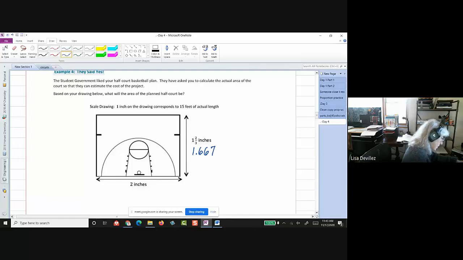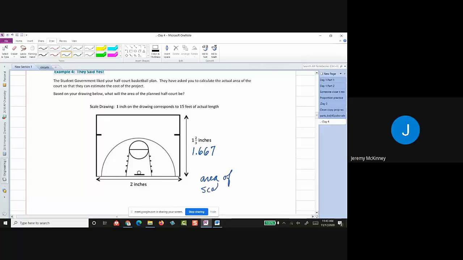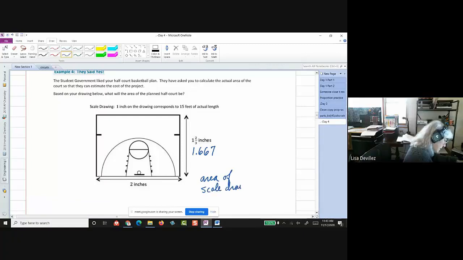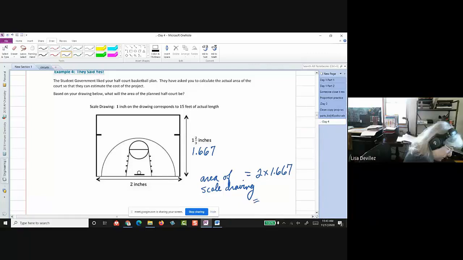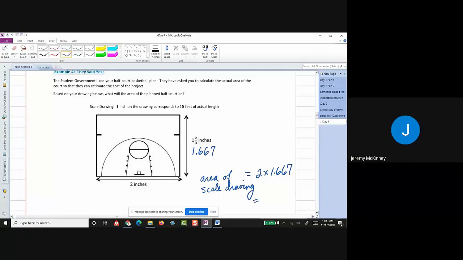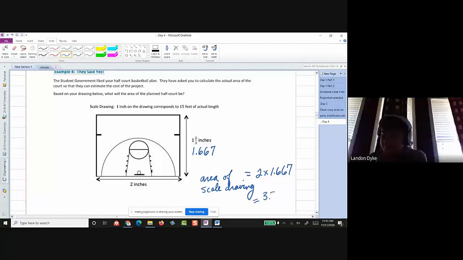All right, so the area of my scale drawing is going to equal 2 times 1.667. So 2 times 1.667, I get 3.3 repeating.